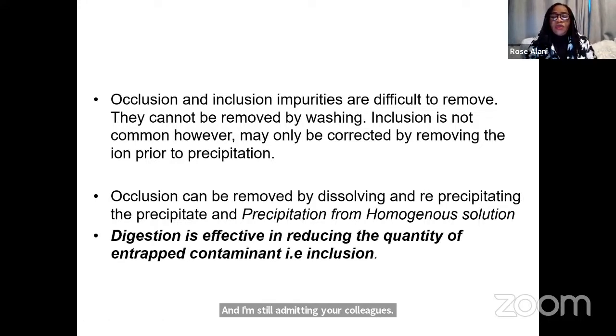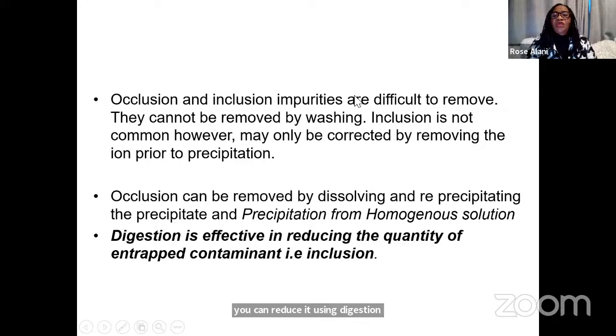So digestion is also an effective method of reducing the quantity of entrapped contaminant, in this case, inclusion. So you can reduce the quantity of contaminants that enter into your precipitate by inclusion using digestion.